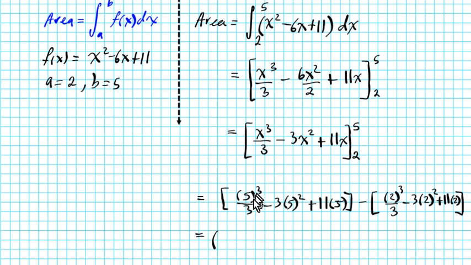So we have 5 to the third, 125 over 3 minus 75. 5 squared is 25 times 3, 75 over 1 plus 55 over 1 minus 2 to the third is 8 over 3 minus 2 times 2 is 4 times 3 is 12 over 1 plus 22 over 1.